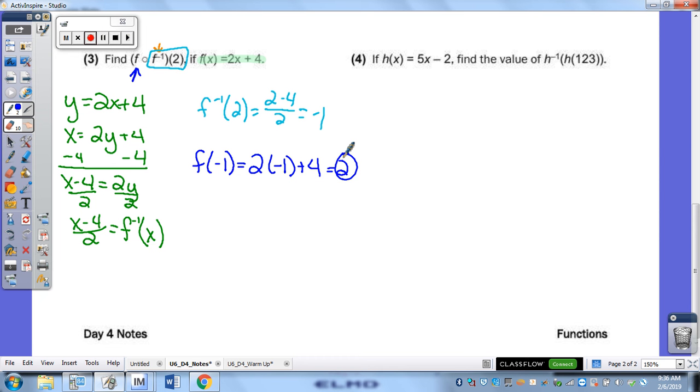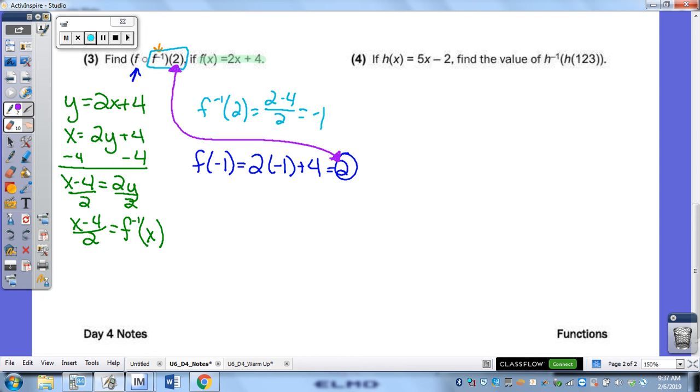Does anybody notice anything about our final answer and what we started with? What was our original input value? The original input value was 2, and then our final answer was 2.